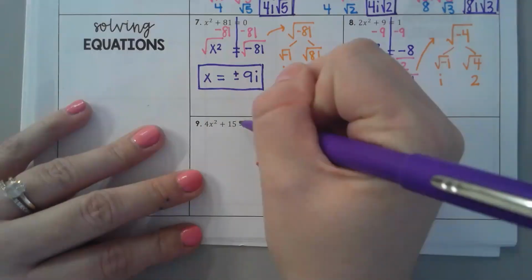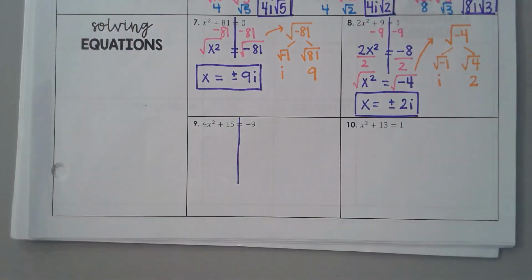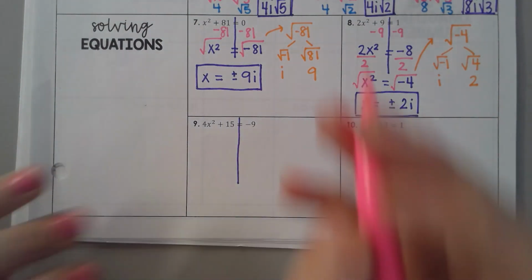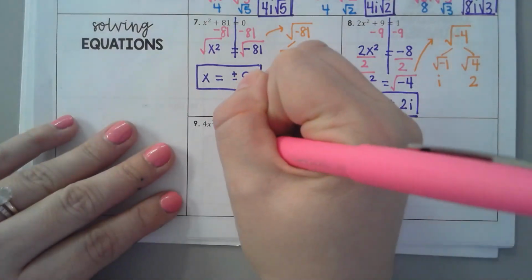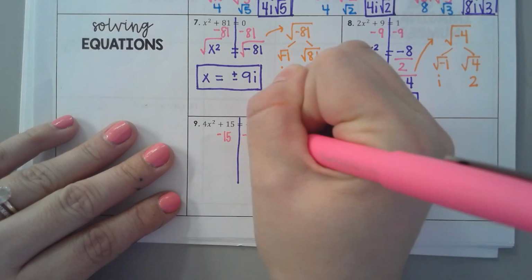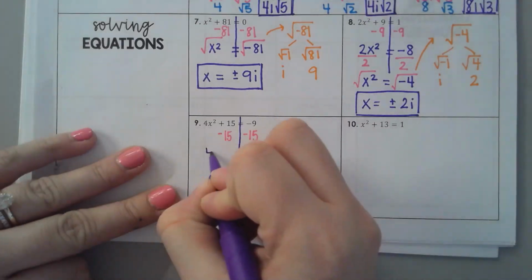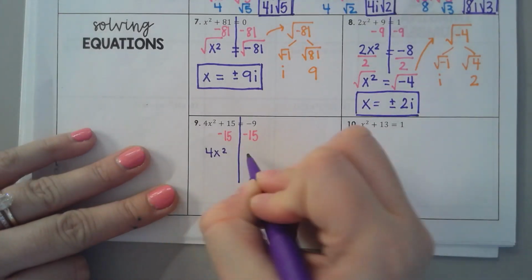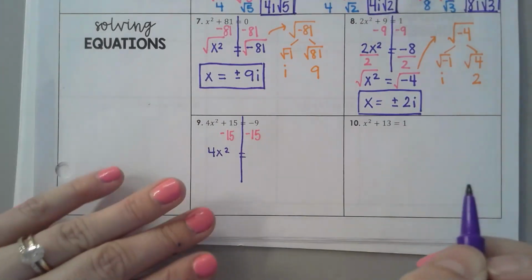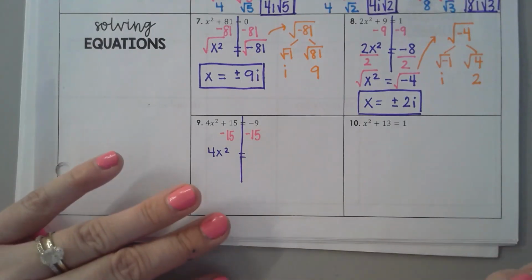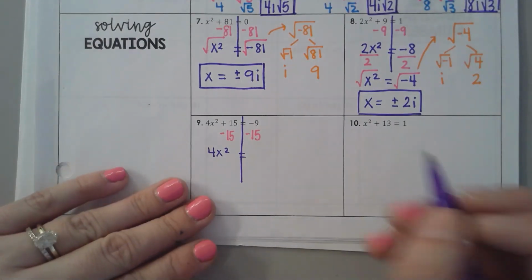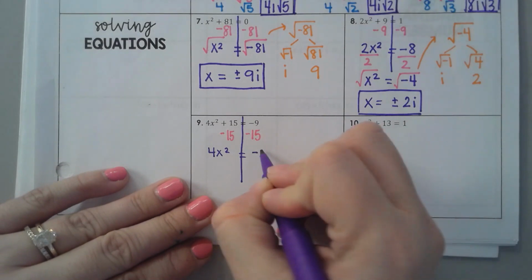Number 9. Subtract 15. And we get 4x squared equals negative 24.